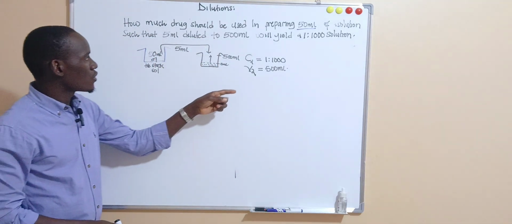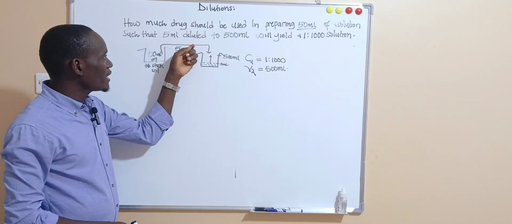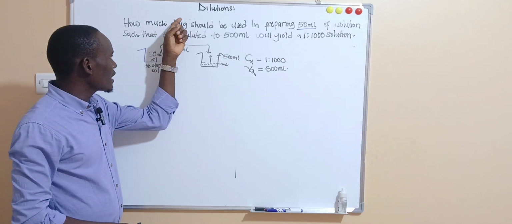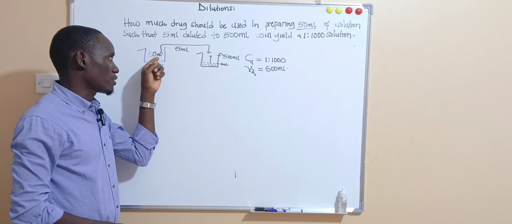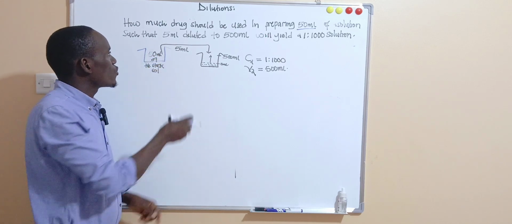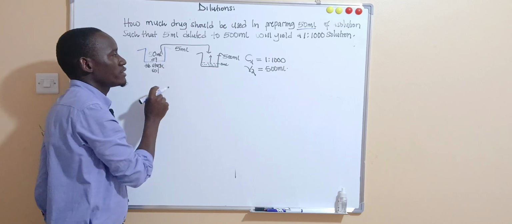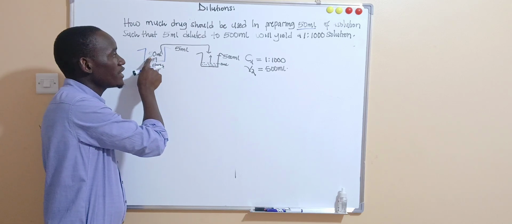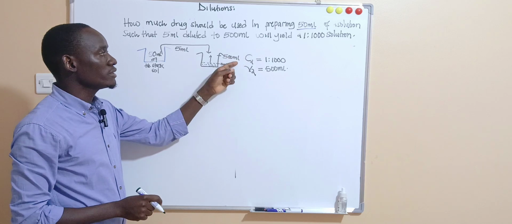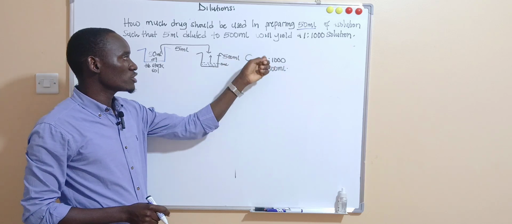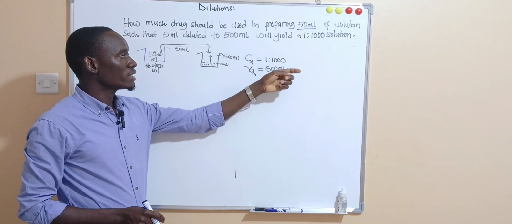So they want us to obtain how much drug was in 50 ml of the stock solution. But remember, we picked only 5 ml from the 50 ml and we diluted it to 500 ml, which gave us a concentration of 1 to 1000.